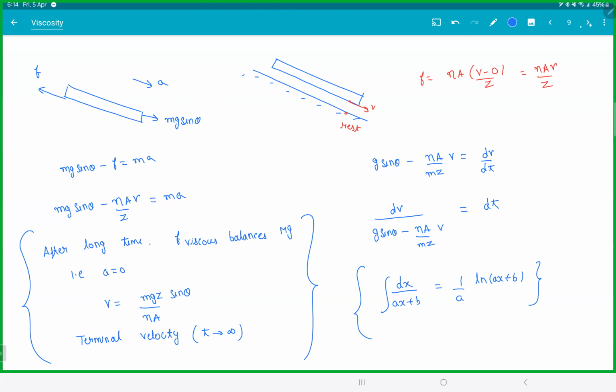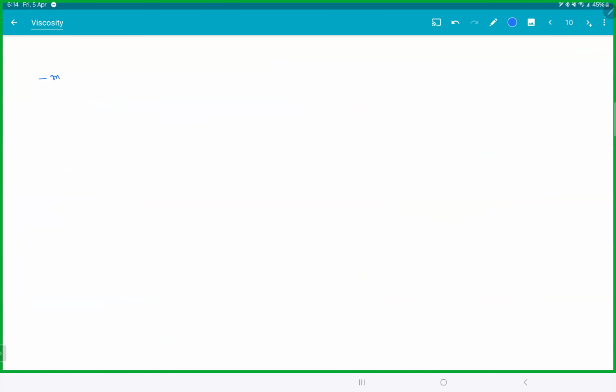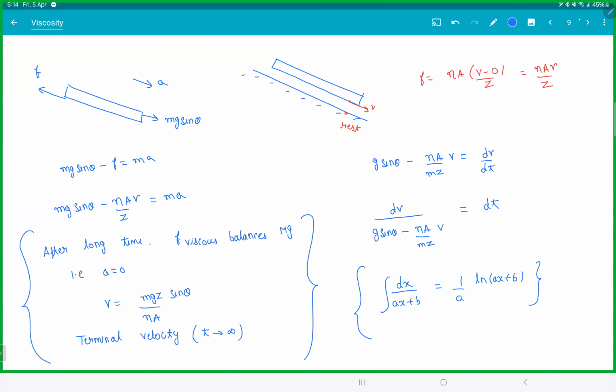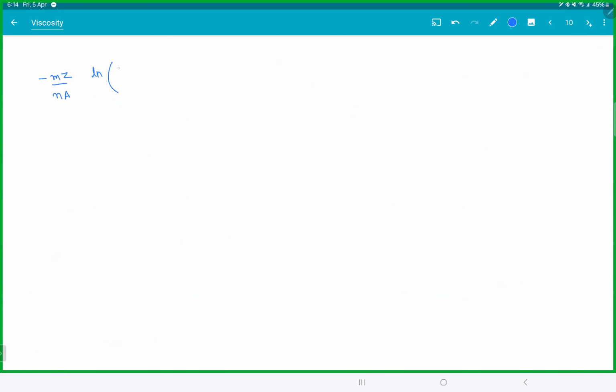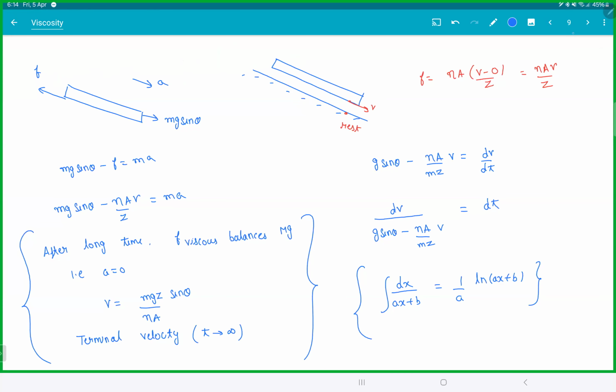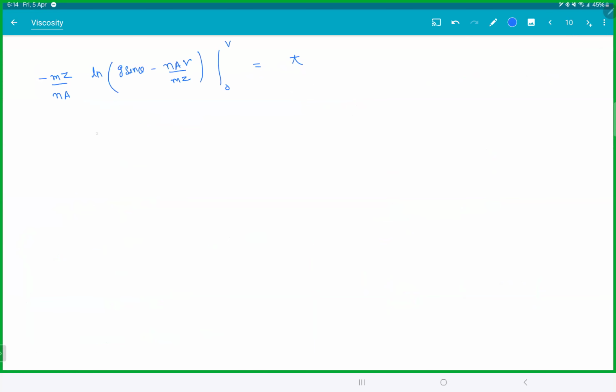So if I integrate this, I end up with this: minus eta ln, limits will be from 0 to v. This will be time. Shift everything this side.